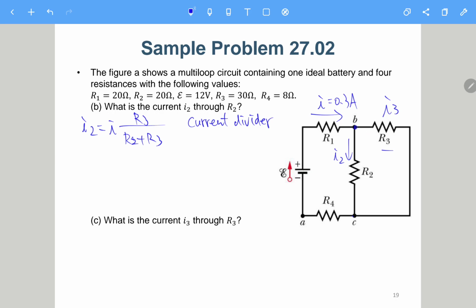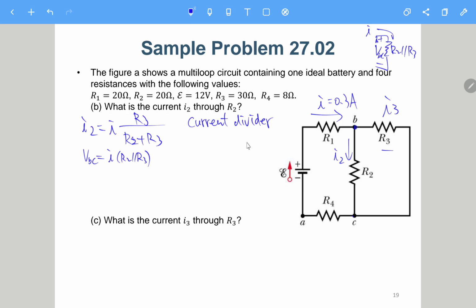For this one we have R2 parallel with R3, and there will be I going through it. So the voltage across it, let's say this is B and C, VBC here will be nothing but I times R2 parallel R3.